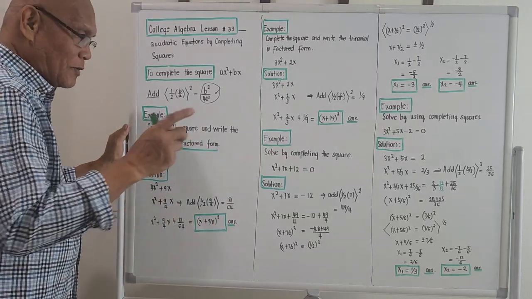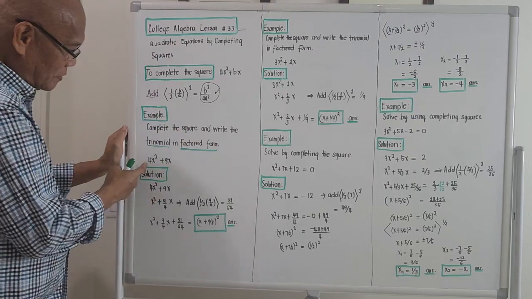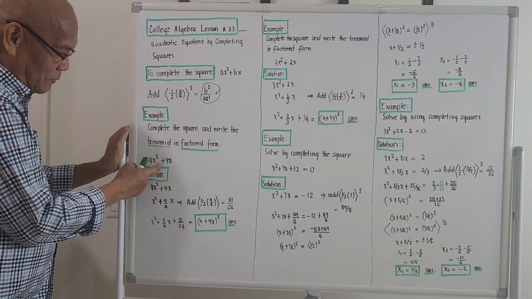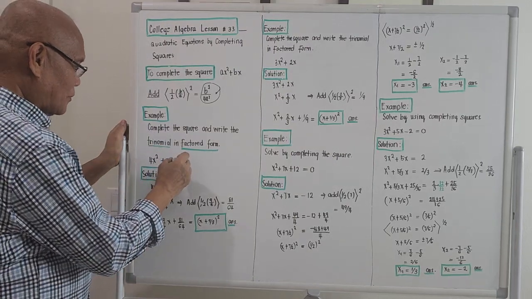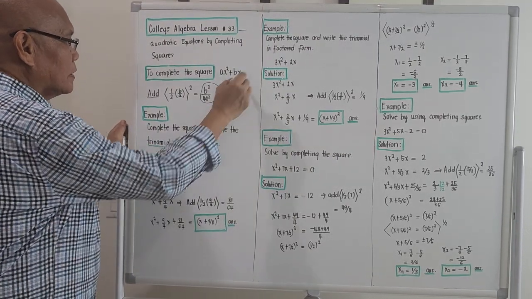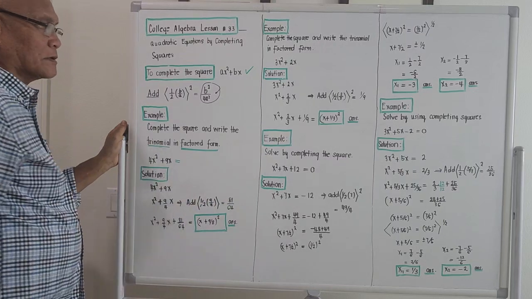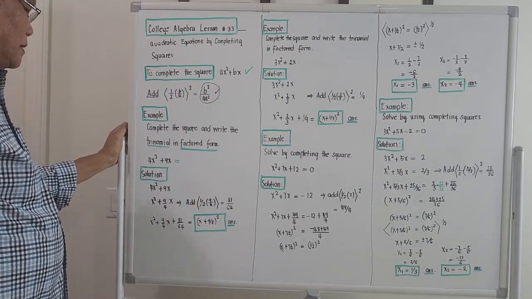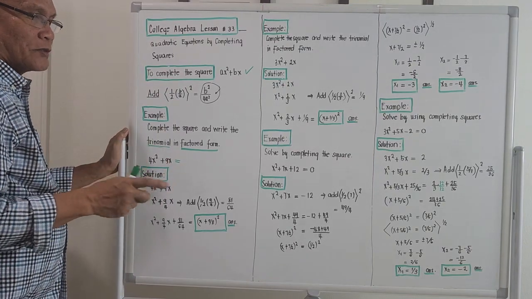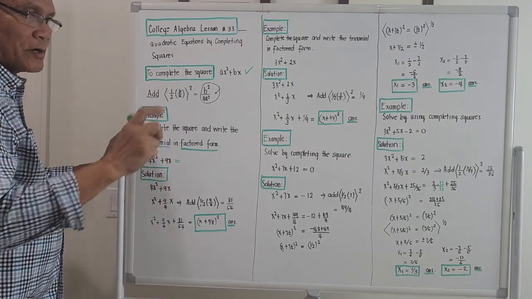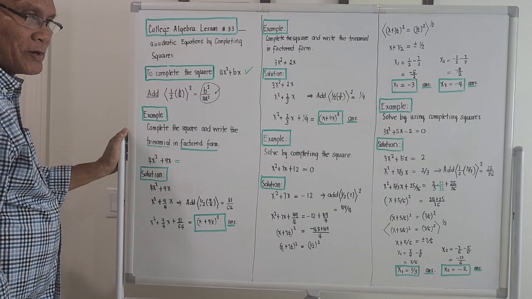The given problem for example number 1 is 4x squared plus 9x. So this is of the form ax squared plus bx. First step, we'll try to make the coefficient of x squared unity, or simply 1.